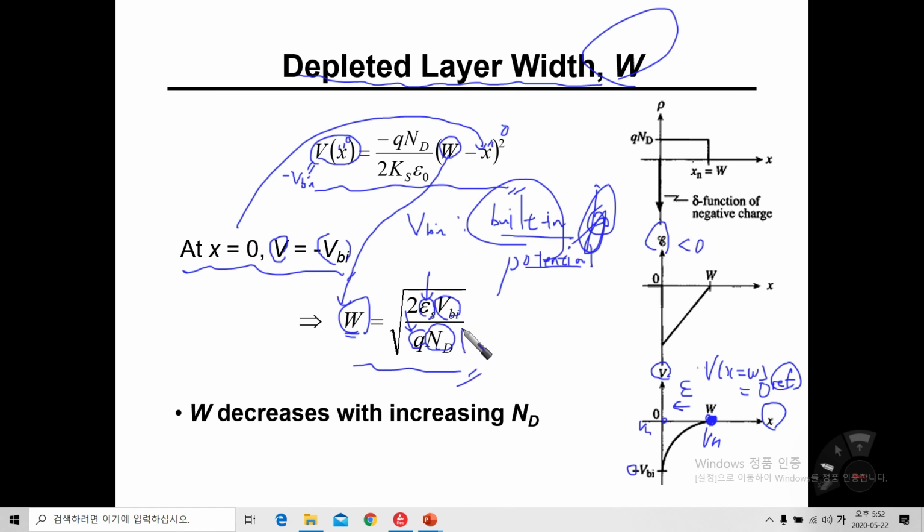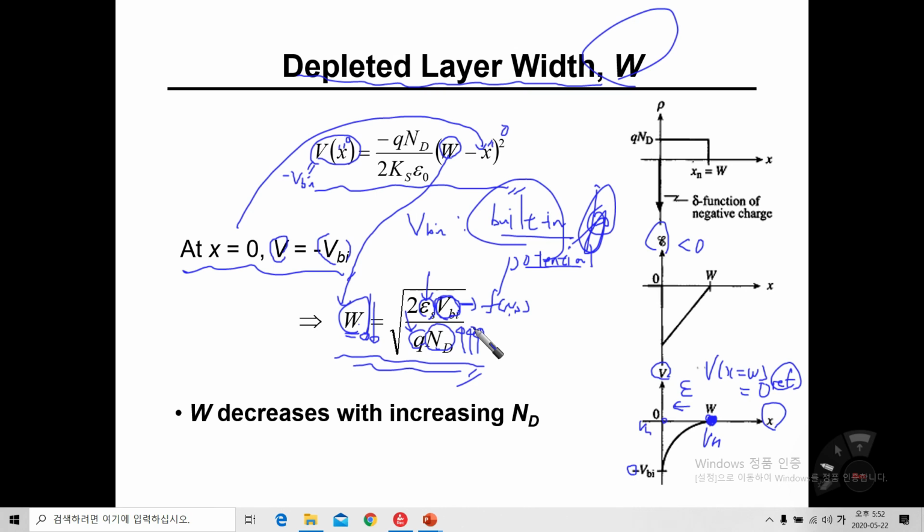So with a higher doping concentration, the depletion layer width becomes narrower and narrower. And this VBI, we're going to learn later, is actually a function of donor and acceptor concentrations. So in conclusion, the doping concentration in the semiconductor is the key knob in determining the depletion layer width.